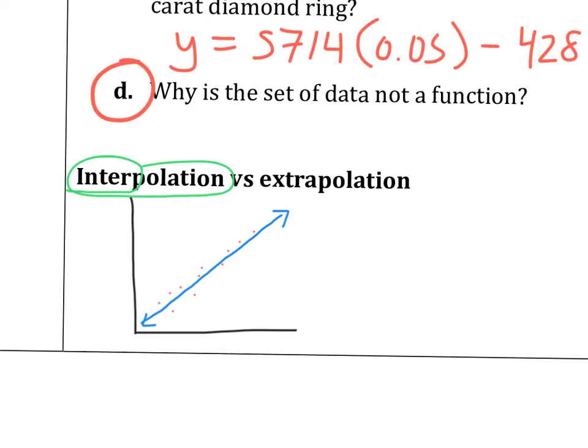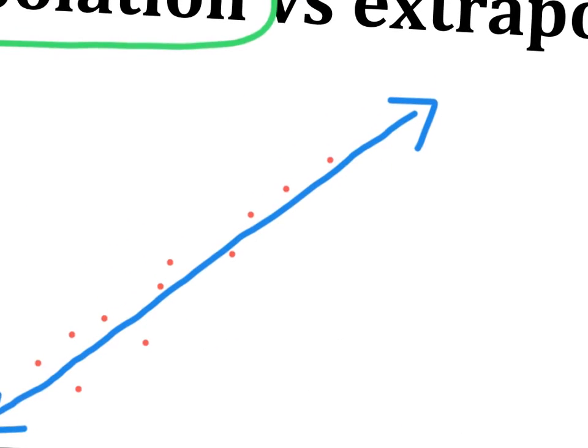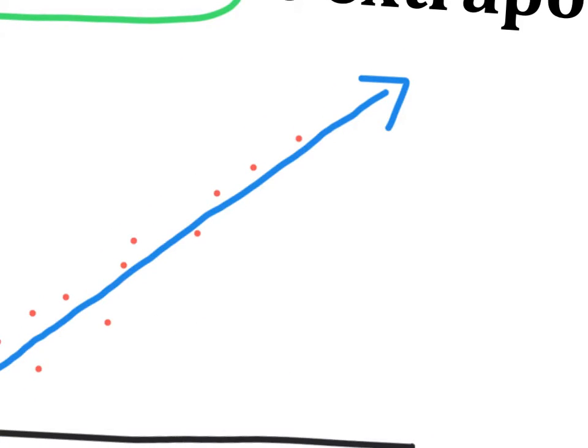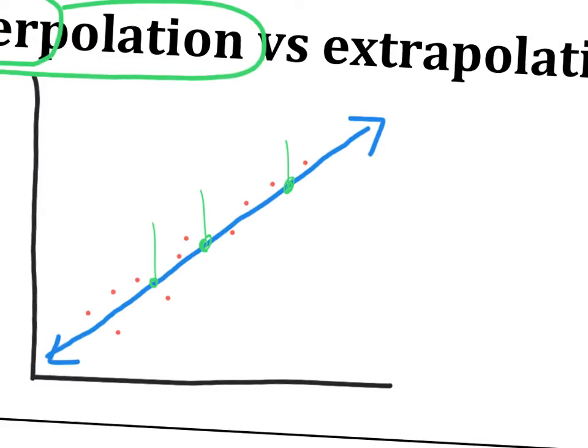Interpolation says, what would my data look like if I go between the data like this? Or what would I expect this many carats to be? Notice that it is in between the data points, hence the word inter.